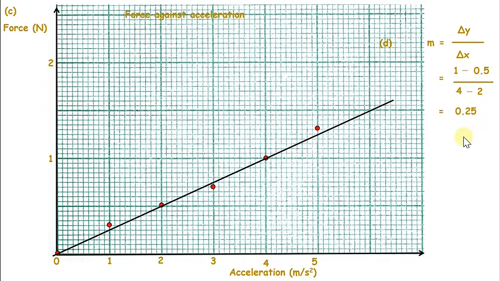So this gradient here, I never gave it the units, but you can give it the units as force over meters per second square.